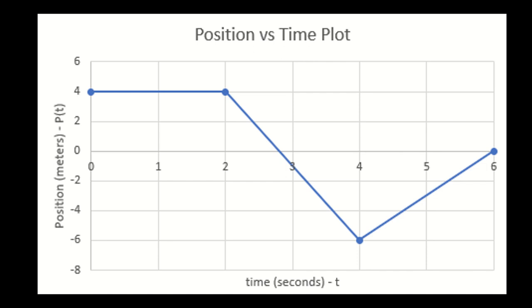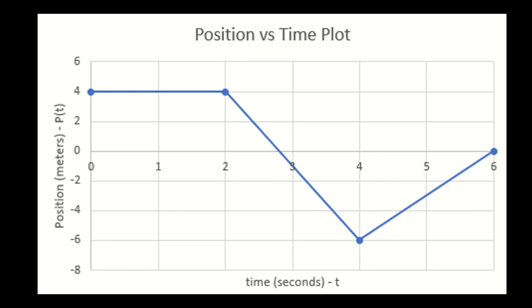And here we're going to look at some information that we can pull from a position versus time plot, looking at essentially if we have some ruler that goes from, say, -8 to 6 meters, or if we're just traveling along some straight line, let's say we're starting at some position 4, 4 meters away from some neutral position.